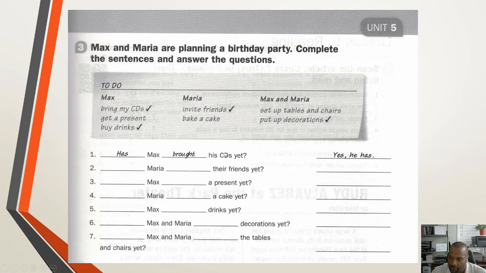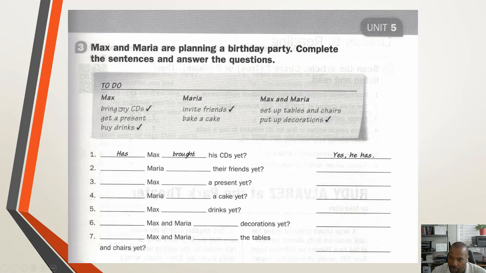Okay, so now we need to complete the sentences and answer the questions. The first one is done for us. Has Max brought his CDs yet? It says that he has. Bring my CDs, that's checked. So the answer is yes, he has. Okay, so now let's pause the video and do 2 through 7.